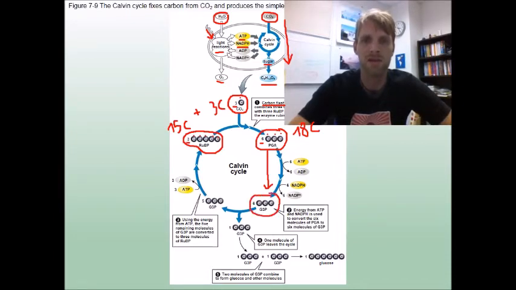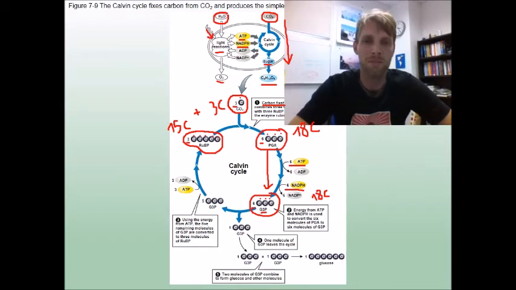Okay, we still have 18 carbons here because I produce 6 molecules of glyceraldehyde 3-phosphate, 1, 2, 3. 6 times 3, I still have 18 carbons. Okay, but it's a chemical alteration of a molecule. To go from PGA to G3P, I need to invest energy. The amount of energy I need to invest to convert this molecule is 6 ATPs and 6 NADPH.